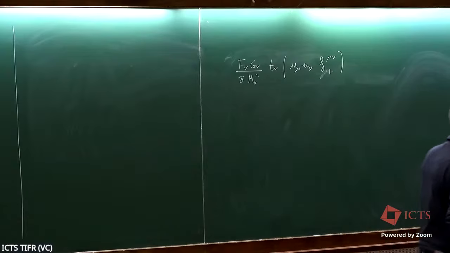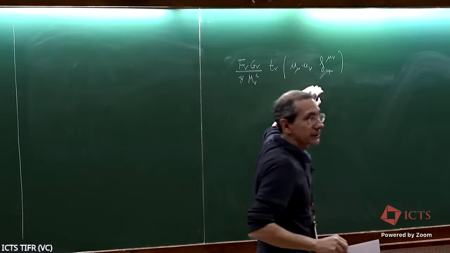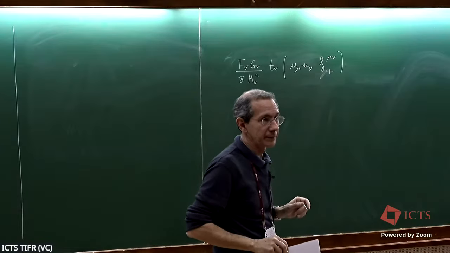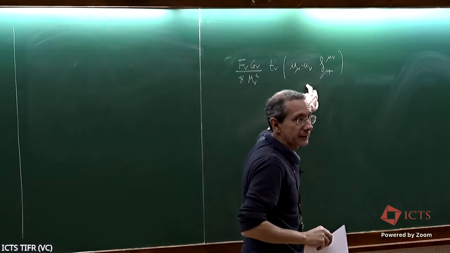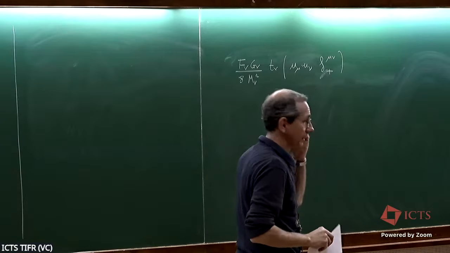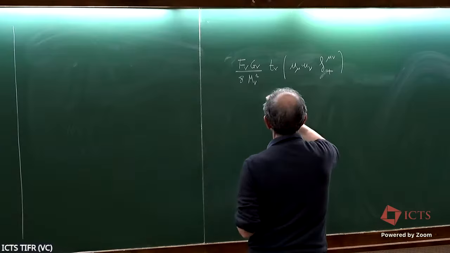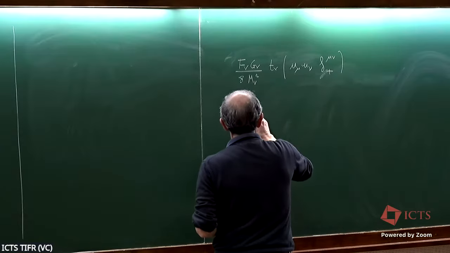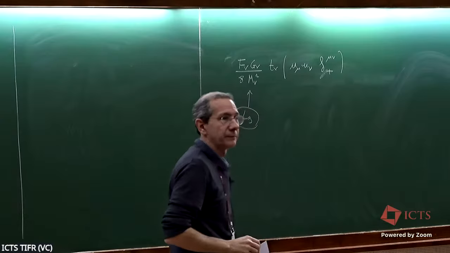That is what I get, and that is nothing but our L9. If you rewrite it, that's exactly our L9. Easy exercise to do. So this will be our contribution to L9.